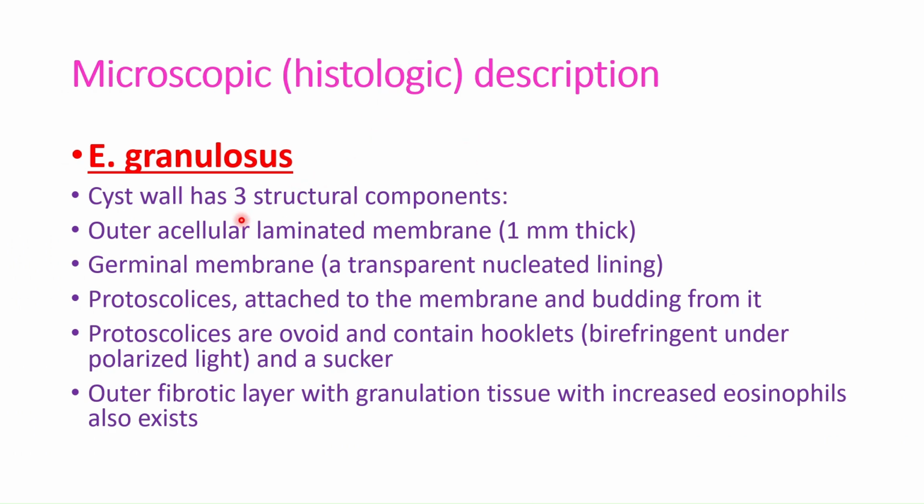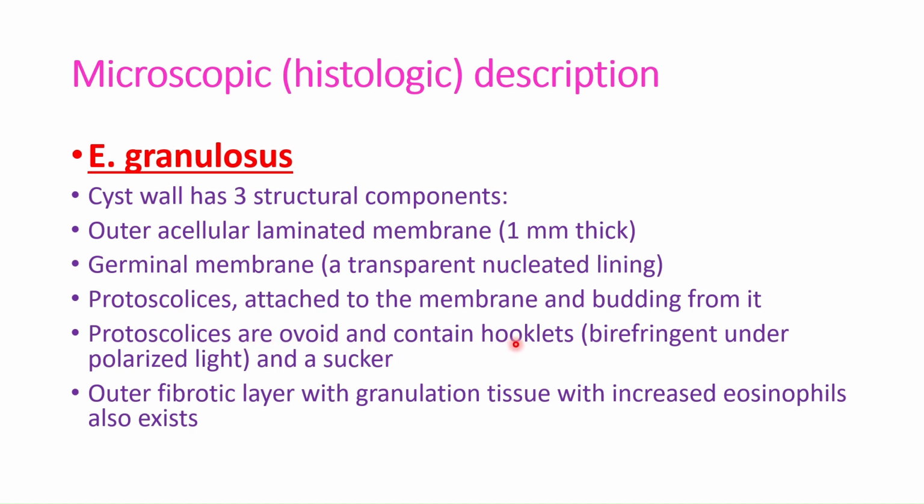Microscopically, the histologic description shows a cyst wall which has three structural components. The outer acellular laminated membrane, second the germinal membrane which is a transparent nucleated lining, with protoscolices attached to the membrane and budding from it.